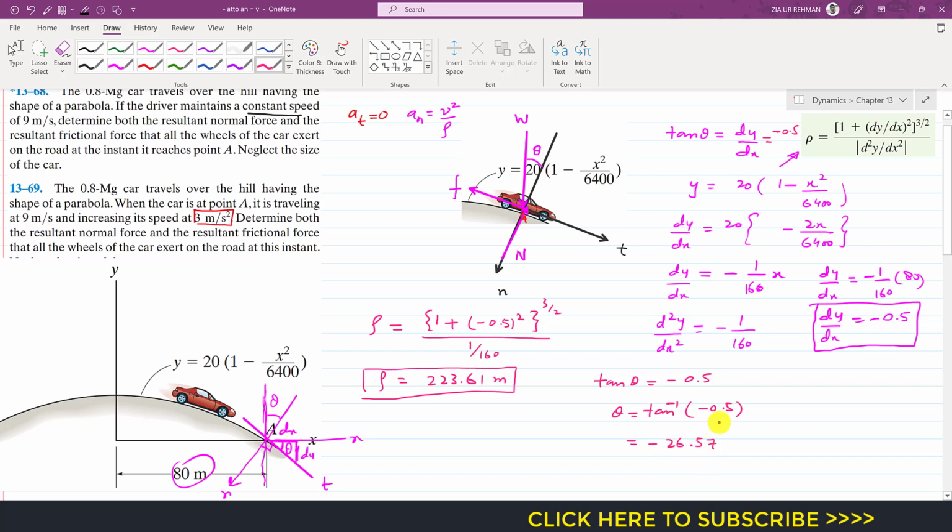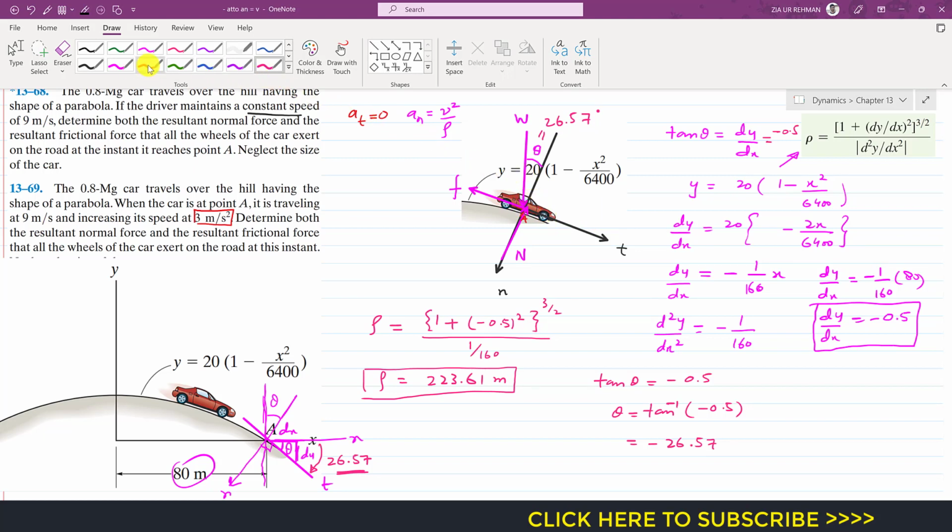The minus sign means that at point A the tangential axis is making a 26.57 degree angle in the clockwise direction. So this is that theta. So this theta is 26.57 degrees.